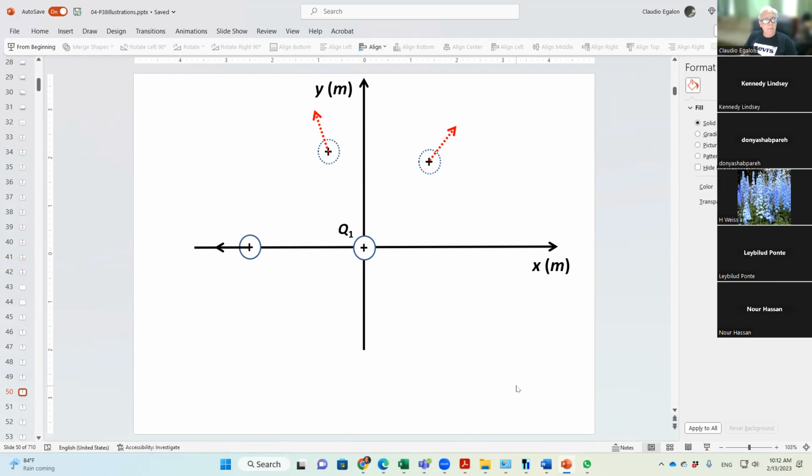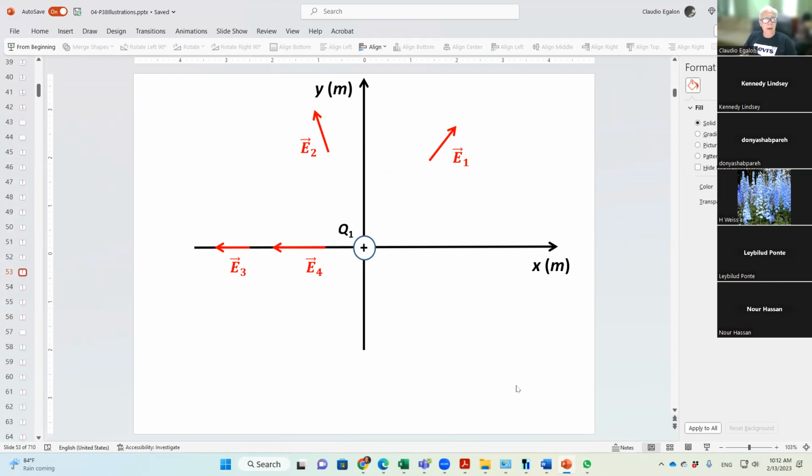Then you can populate the XY plane with the electric field arrows, the electric field vectors, by placing test charges that are always positive. Here is the direction of the electric field at each of those spots. That's what the electric field is all about.